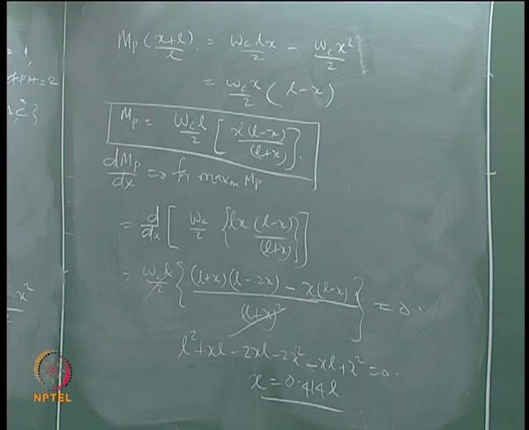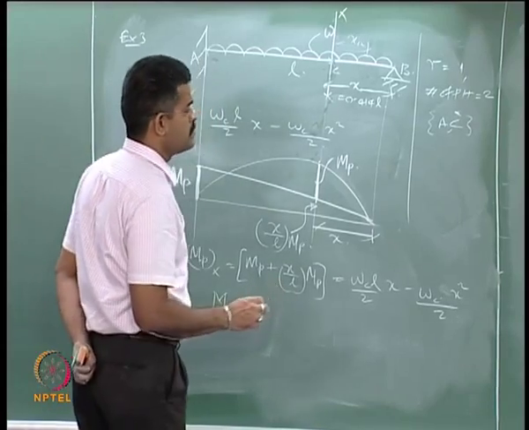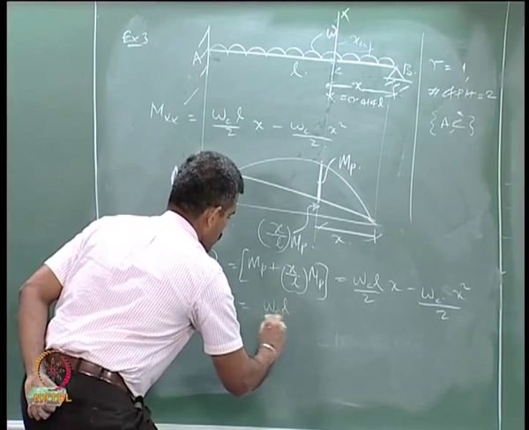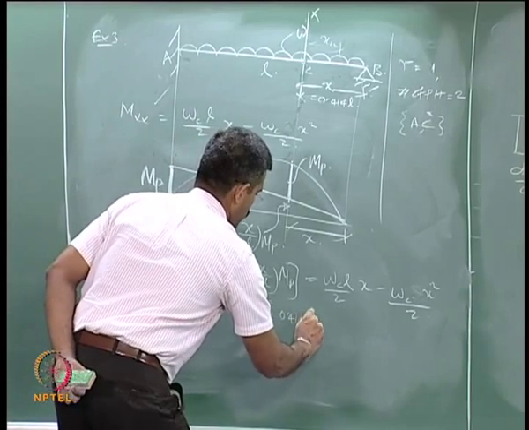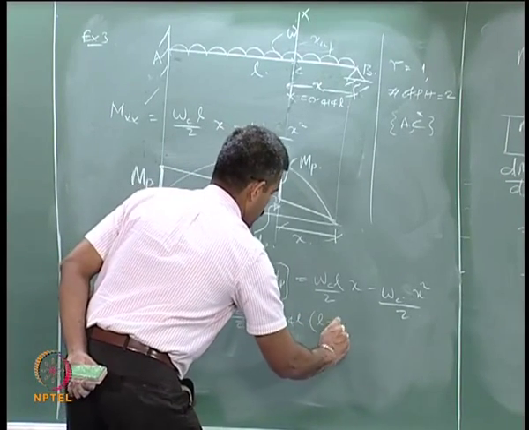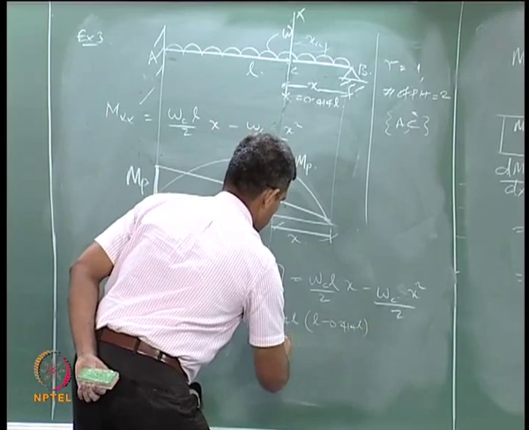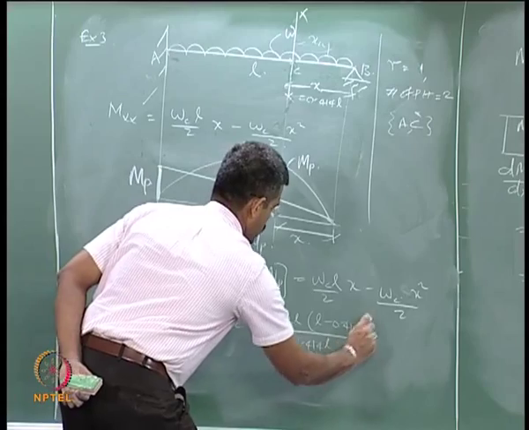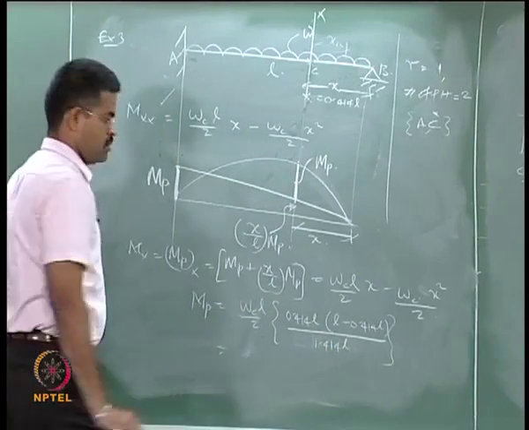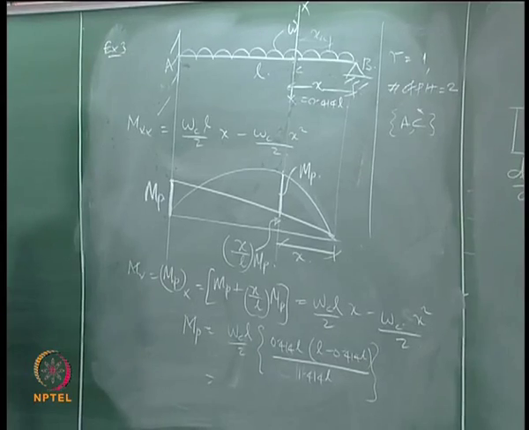How much is that? So, WC L by 2 into 0.414 L minus 0.414 L by 1.414 L. Substitute this, is it not?